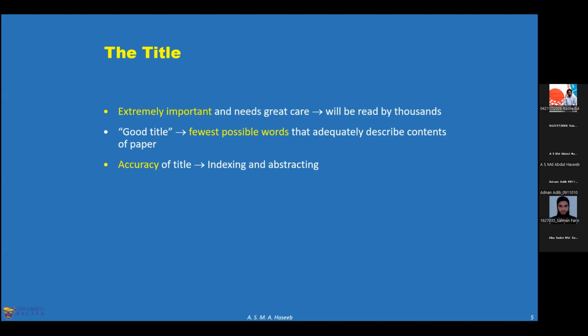It reflects the content of the paper. And this is also useful for another practical reason, is that in this digital world, your paper will be indexed by using this title. So each of the words is very important in the title.